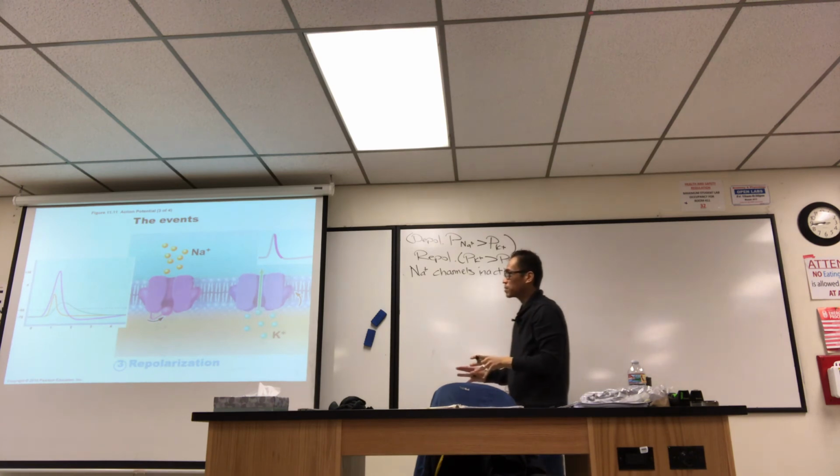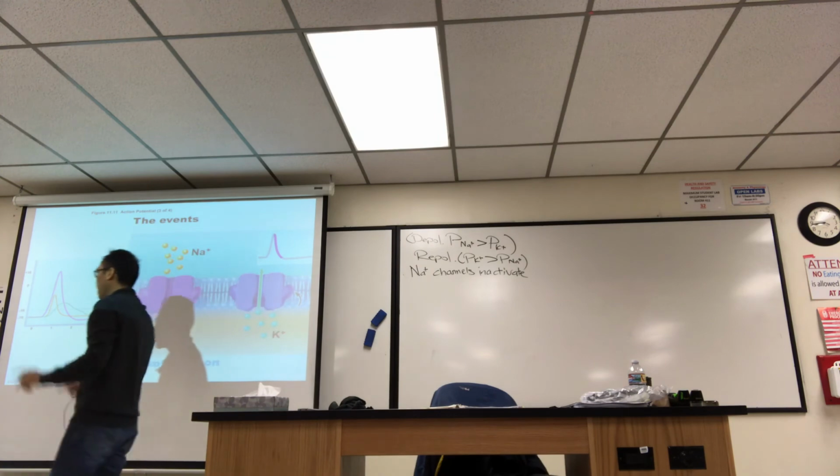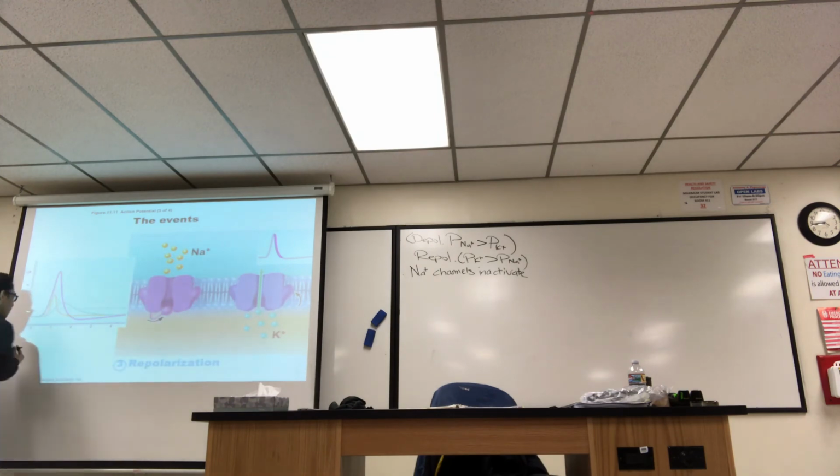So that stops the cell from being permeable to sodium. That's illustrated when the spike of the yellow goes down. Now look at where the permeability of sodium has gone to basically 0.